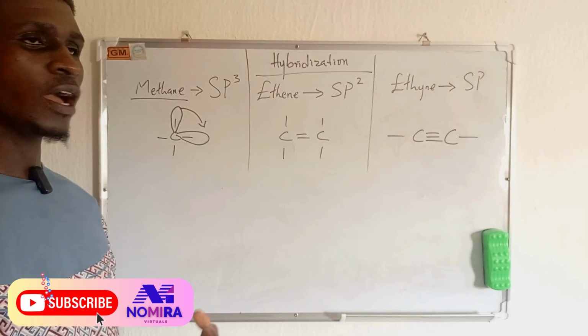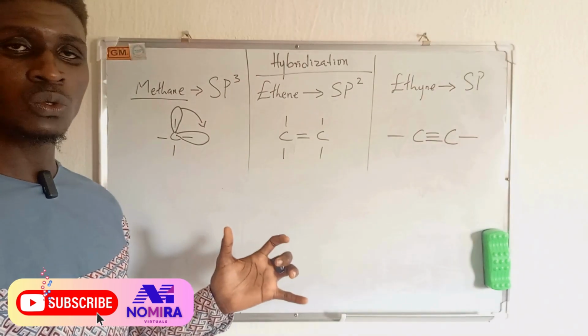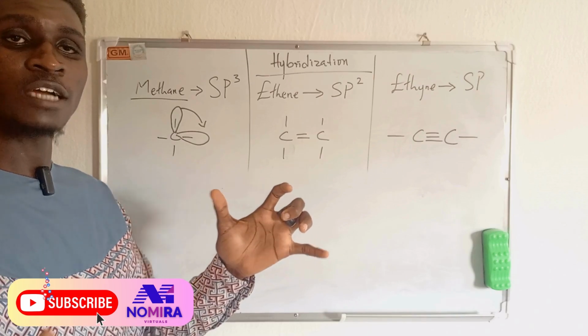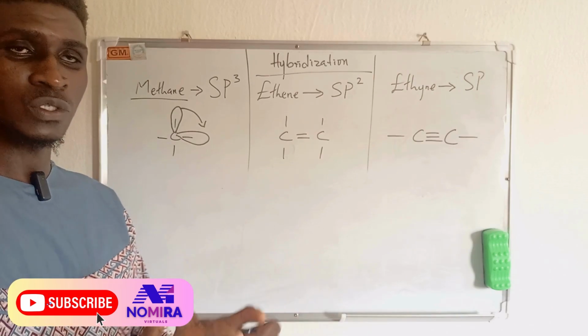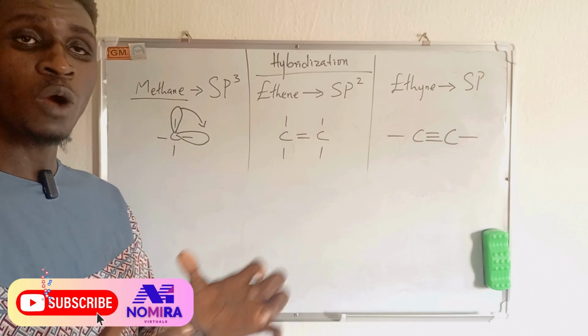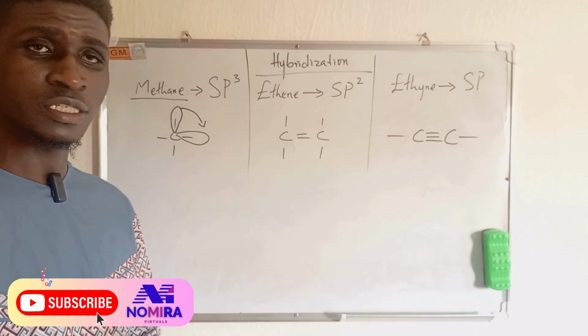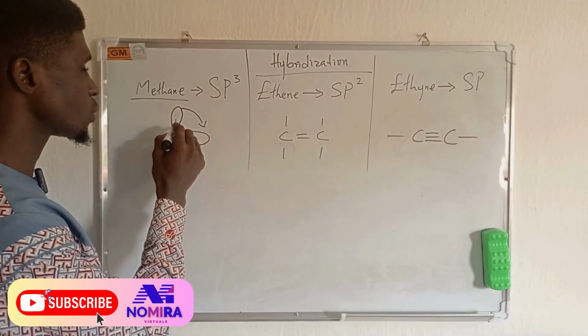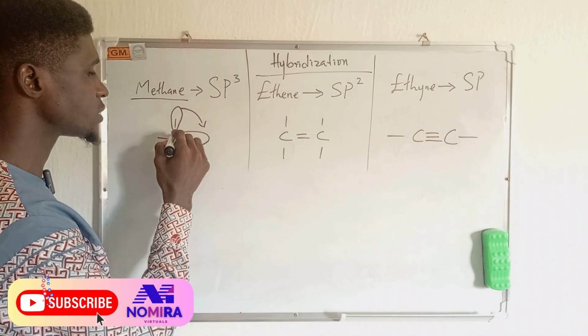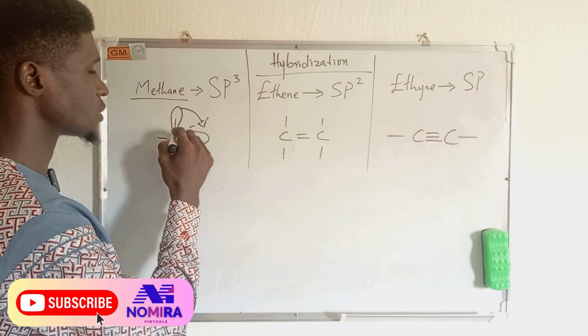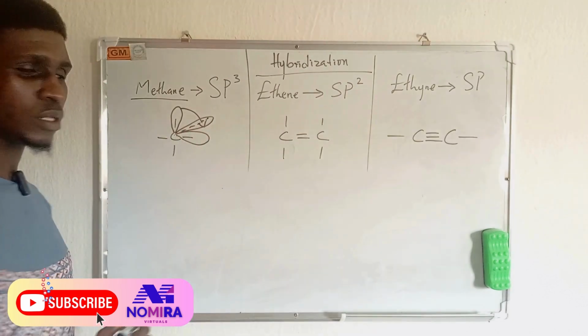The idea of hybridization is about 2 unpaired orbitals mixing or fusing so that they will become one. They have almost the same energy or equal energy. So this will continue to move until it comes to a point like this and forms something like this.